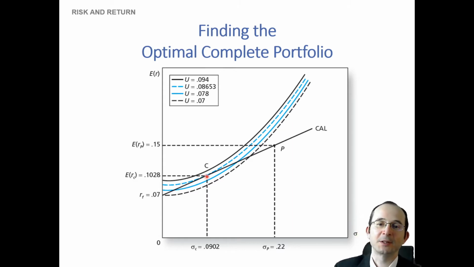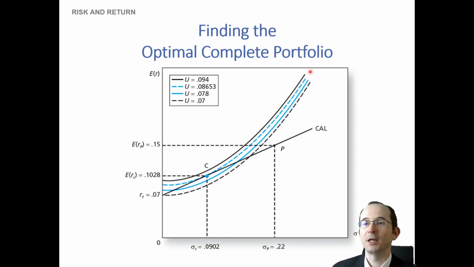The highest indifference curve that we can get, the one that still touches the capital allocation line, is the utility curve in the blue dashes, the 0.086 utility indifference curve. We can't go any higher. We can't, for example, reach the 0.094 utility indifference curve in the black line here, simply because it just never touches the capital allocation line.